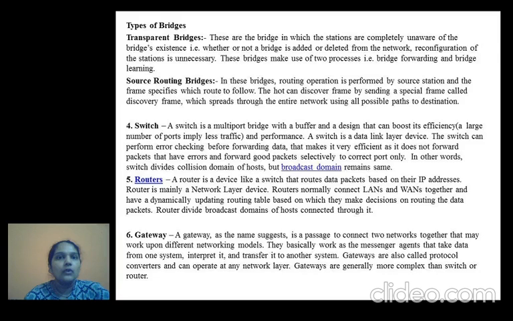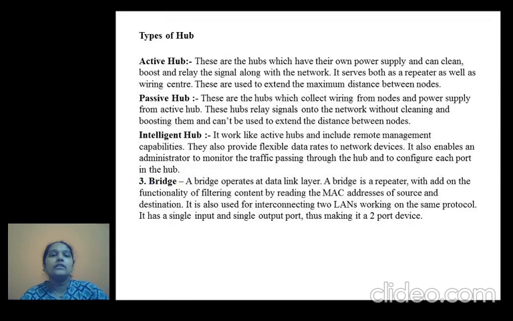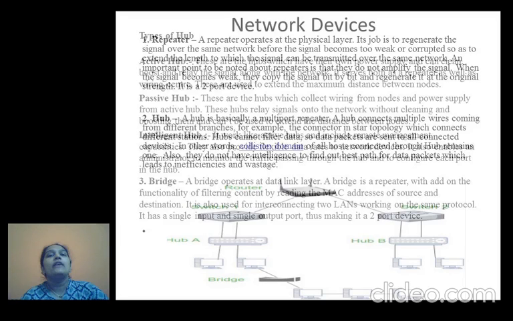So this is all about today's lecture. Let's conclude today's lecture. Today we learned about network devices. There are a total of 6 network devices. First is the repeater, a simple and sweet device.